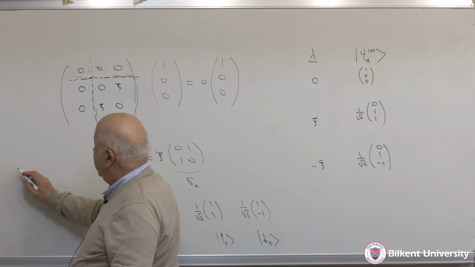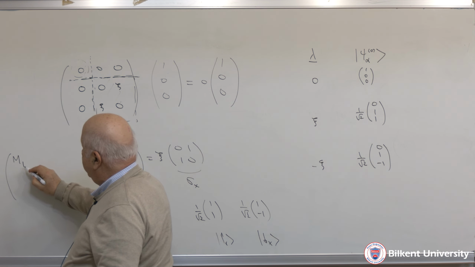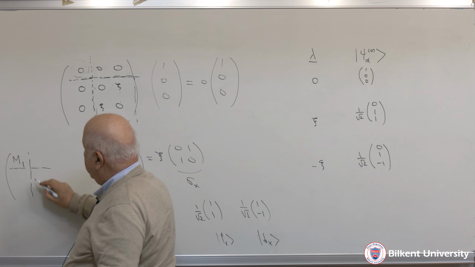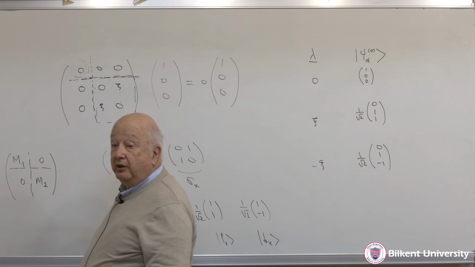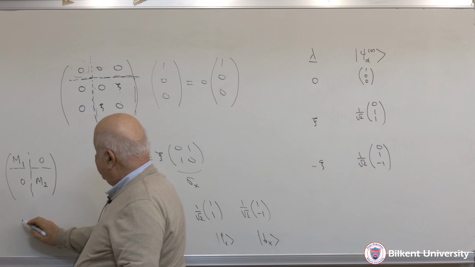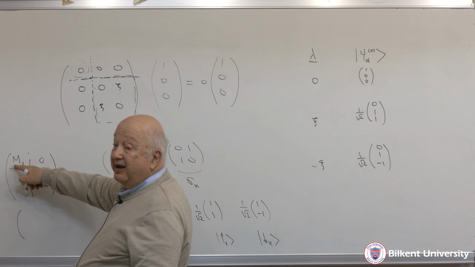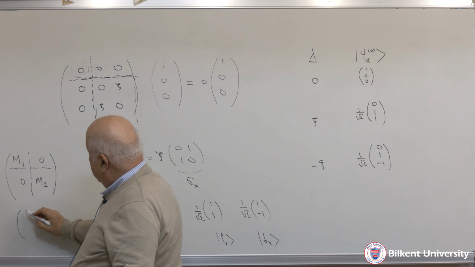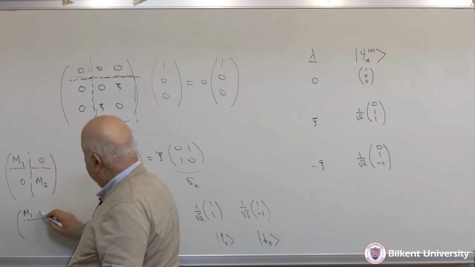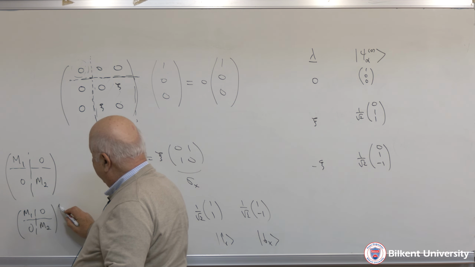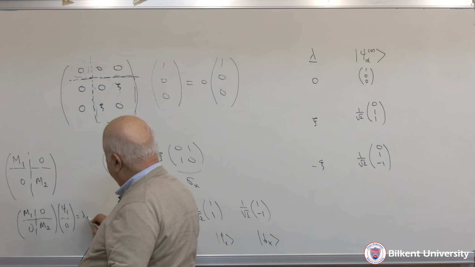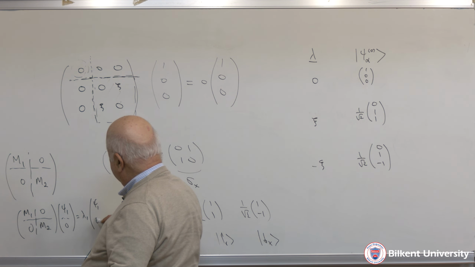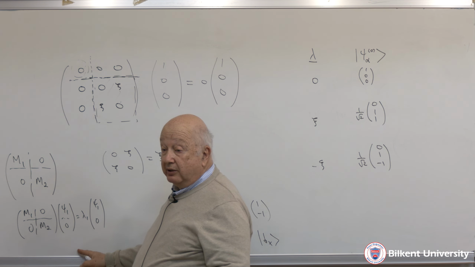So if I have some matrix M1 and another matrix M2 here, and zeros over there, I can easily say that if I know the eigenvectors of M1, I can write this as M1, 0, 0, M2, acting on an eigenvector of M1, whatever it is, psi 1, 0, equal to lambda 1 times psi 1, 0, right?